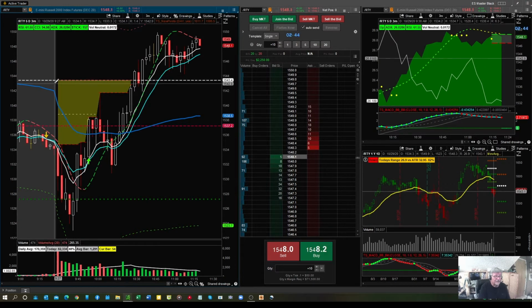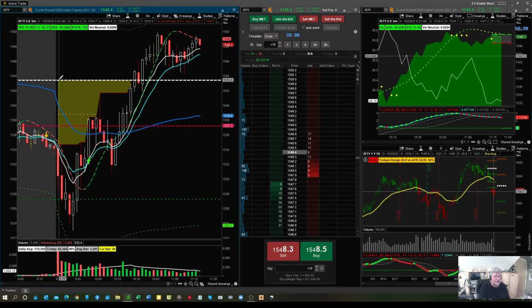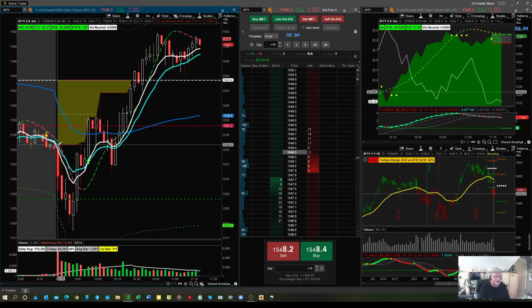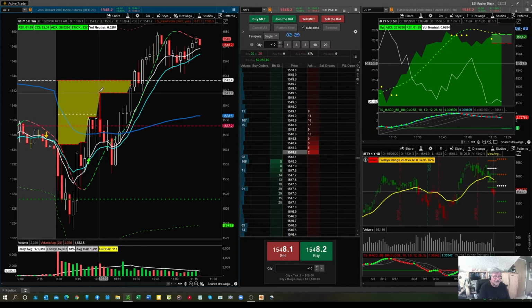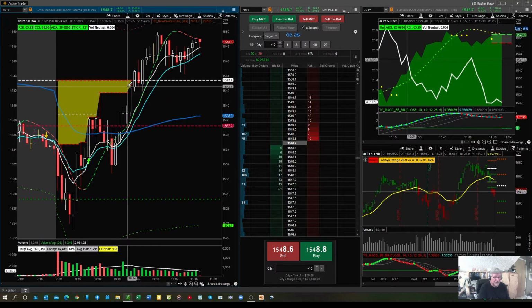When there is a gap down, you will see a red line here and here. This is the close of yesterday. This is the open of today. And it will shade here, and this shaded area will disappear as price winds up going into this gap.